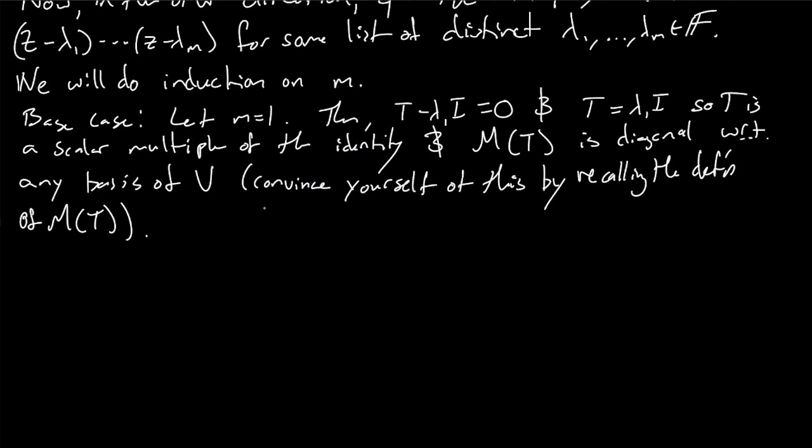Okay, cool. So, if you don't believe that, just go back, remind yourself of the definition of the matrix of T, just write it down, and see what having this would mean for you. I promise you, if you actually do it, you'll go, oh, okay, that is as easy as you said. So if you don't see it, just try it out. It's a good exercise. Okay, let's do the inductive step.